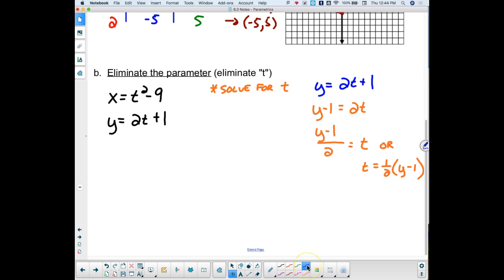My other equation was x equals t squared minus 9. So that's going to be x equals t, which is 1/2 times y minus 1, then square all of that, and then subtract 9.